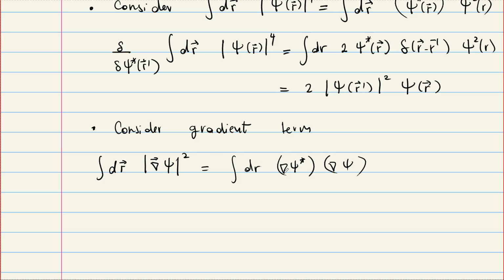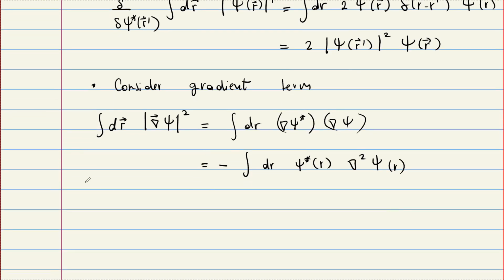Exactly, integration by parts. I want to carry this gradient over so that I can take the derivative. This by parts is trivial because at the boundaries we are thinking this field or order parameter goes to 0. So this is going to be the integral dr of psi star of r times minus the Laplacian of psi of r.